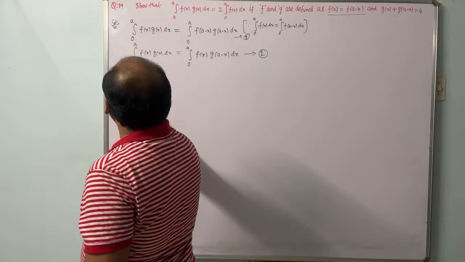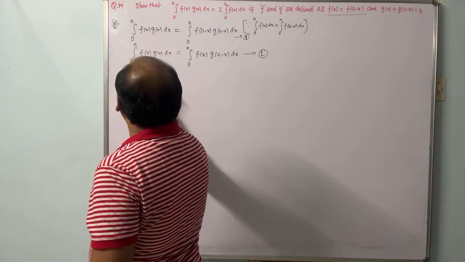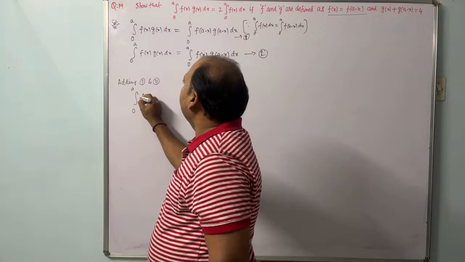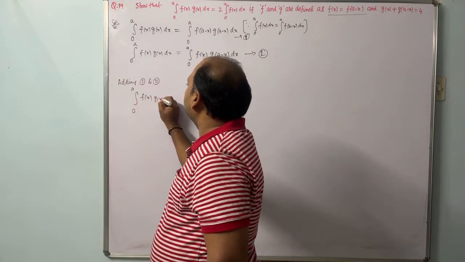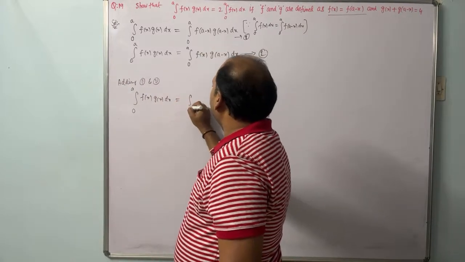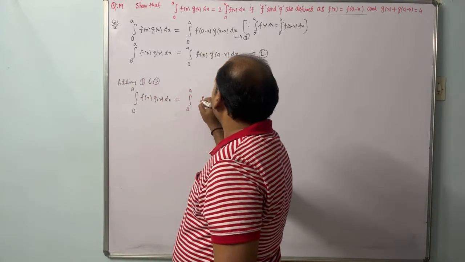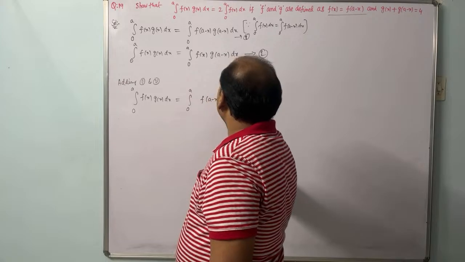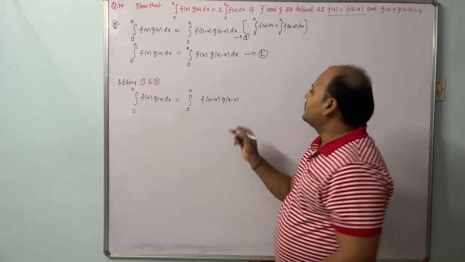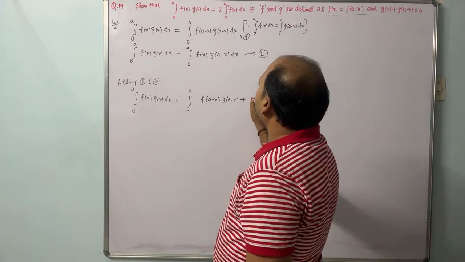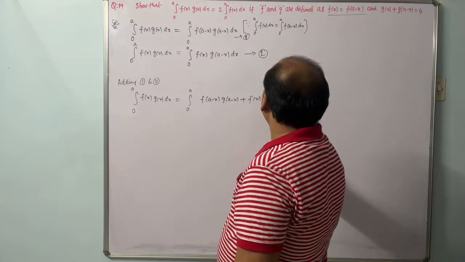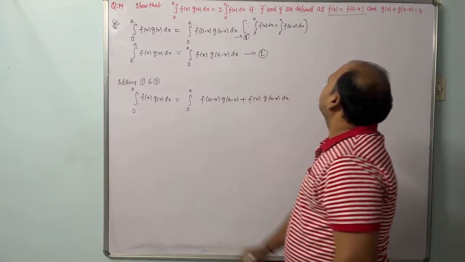Adding 1 and 2. So we are adding both: integral 0 to a f of a minus x into g of a minus x. Limits are same, we are just changing the functions. Plus we are adding f of x into g of a minus x into dx.